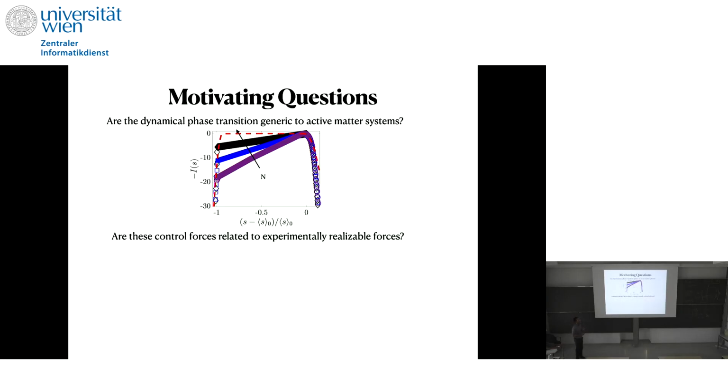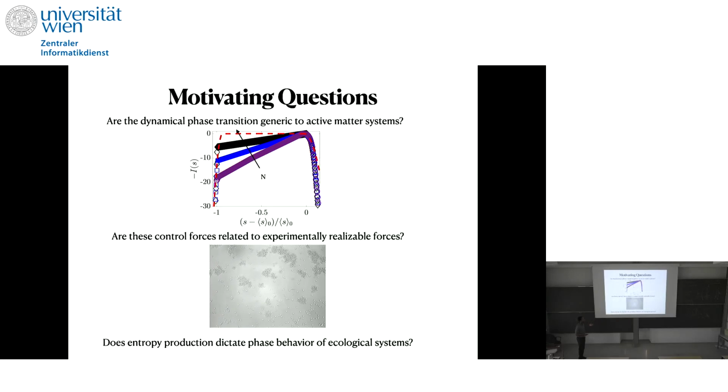Then that would get rid of the rareness, and it would mean that all this very rare stuff that I'm seeing is actually useful. So like in this system, can I relate it to light or temperature, something like that? And obviously, as I mentioned in the first slide, does this tell us about ecological systems? Who knows? But just food for thought.